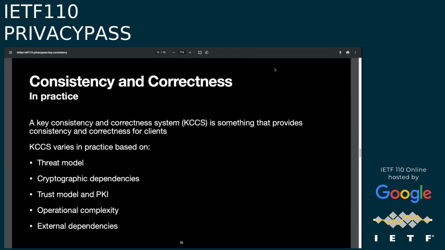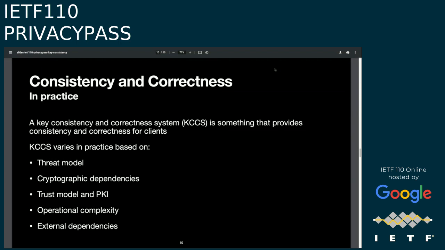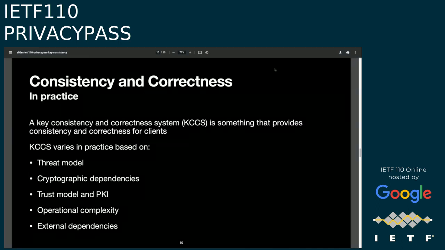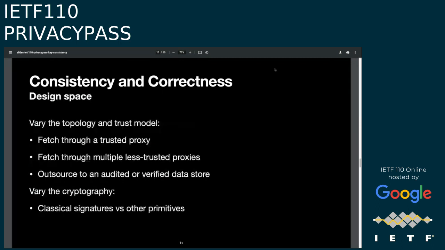The particulars of the system vary quite a lot depending on what the threat model is, what cryptographic dependencies you have, what your trust model is, what PKI you have, how difficult these things are to run operationally, and whether or not you have other external dependencies. It totally varies depending on use case, so there's not right now a one size fits all system.